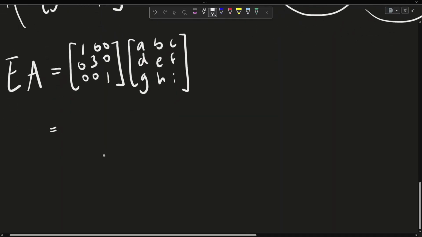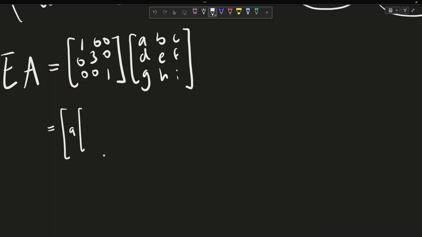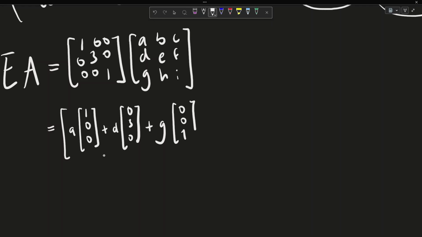And again, multiplying the matrices, we find A times 1, 0, 0 plus D times 0, 3, 0 plus G times 0, 0, 1. It's one column.